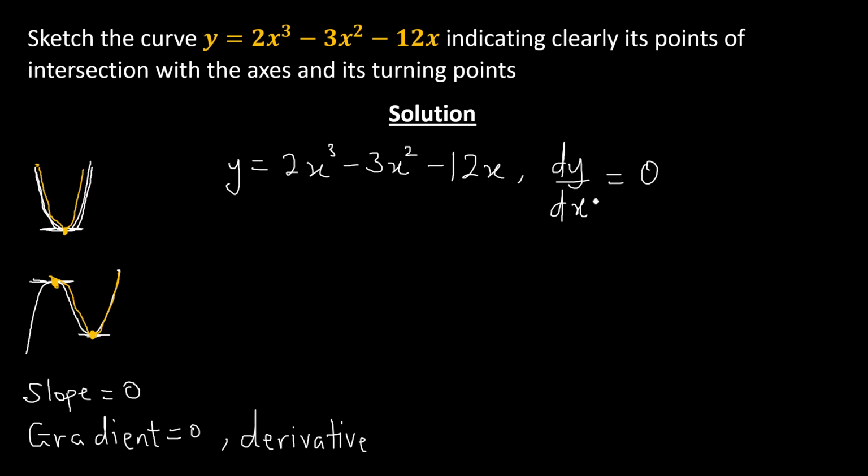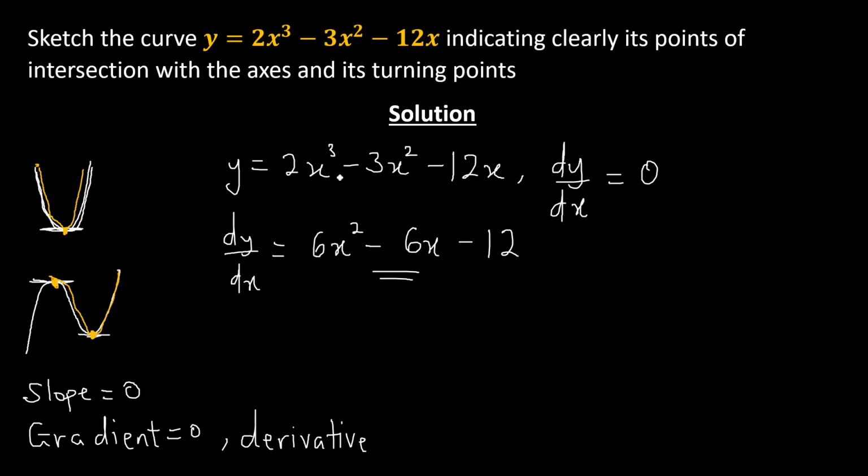Now what is the first derivative of this equation? Let's write it this way. The first derivative, dy/dx, is equal to 6x squared minus 6x minus 12. I'll show you how we got that.